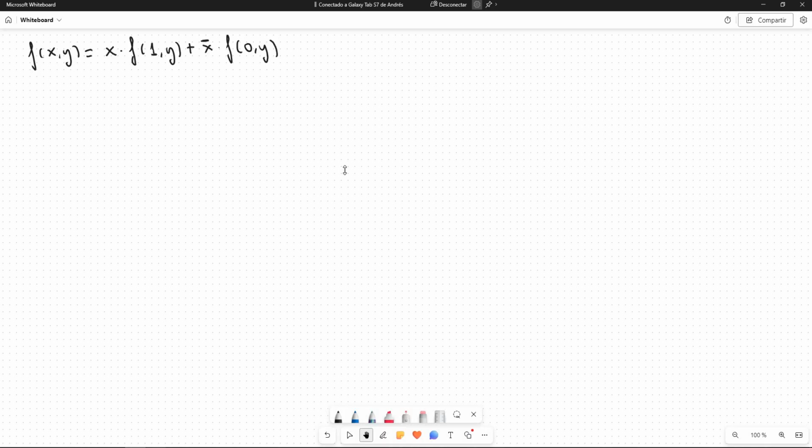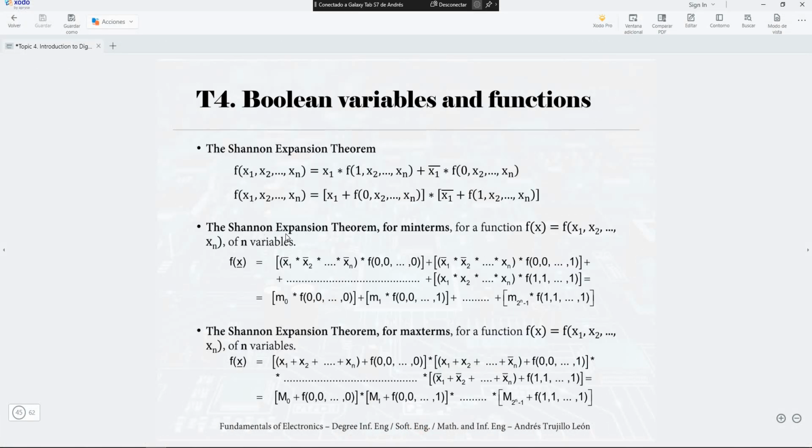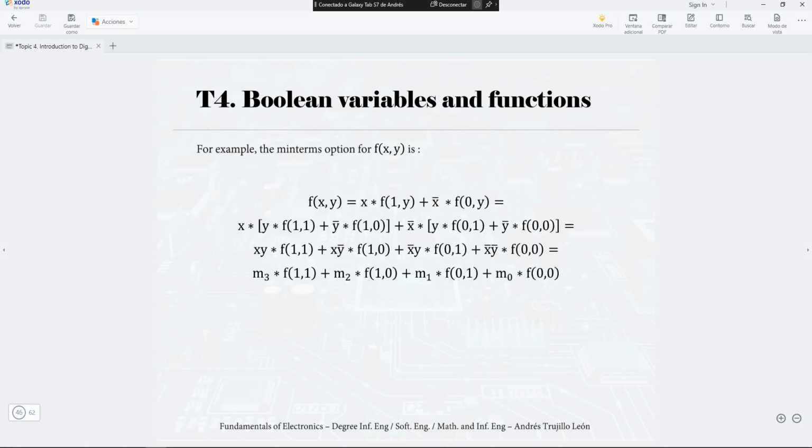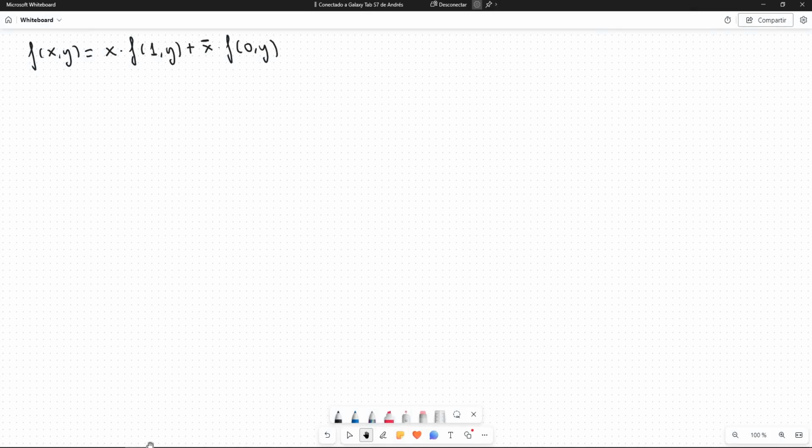I think that we can expand the Shannon theorem for all the variables of the function, and that's the thing that we are going to do here. Now we can apply again the Shannon expansion theorem to these new functions. So x is going to multiply the application of the Shannon expansion theorem to this function.